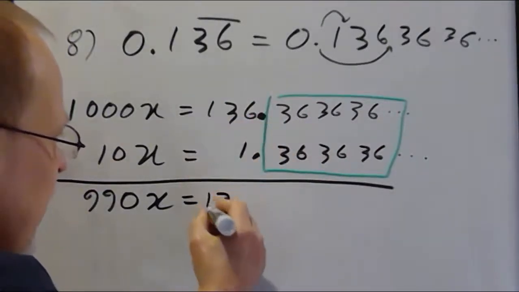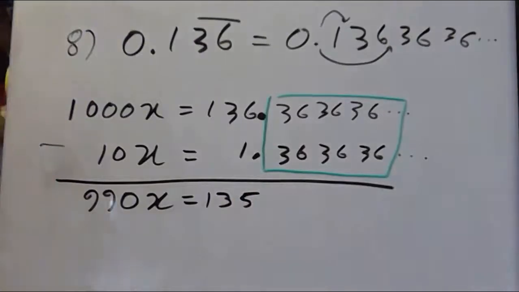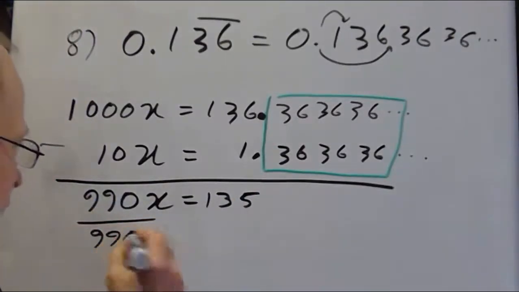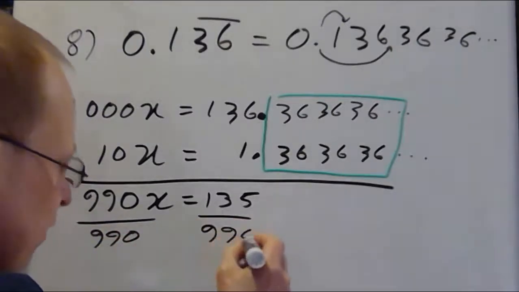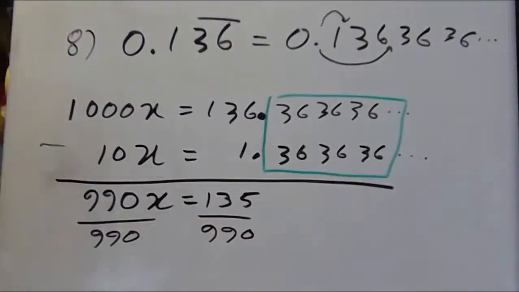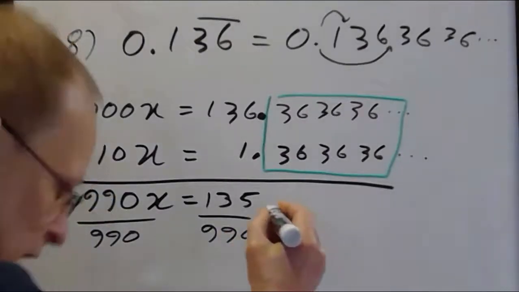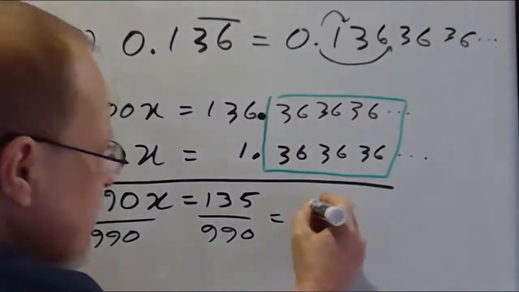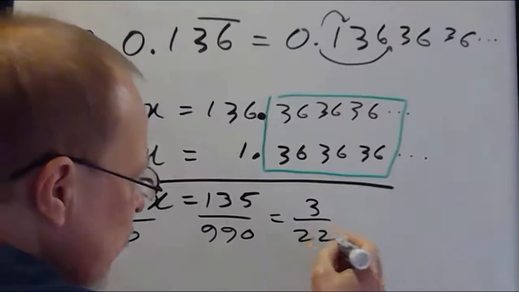So I have 135 over 990. And of course, you notice that we can reduce this. When we reduce it, it's 3/22.